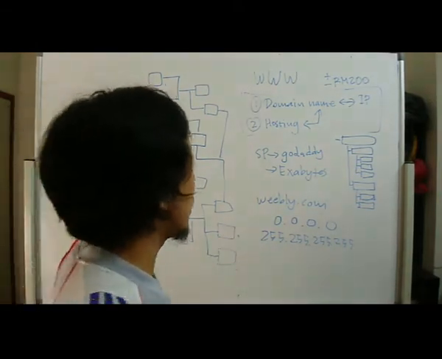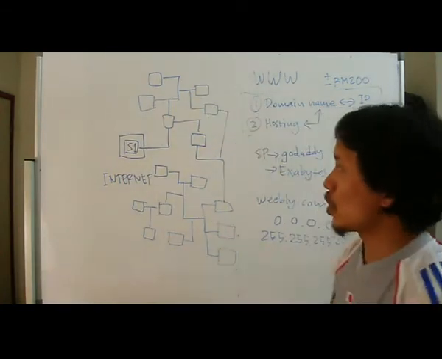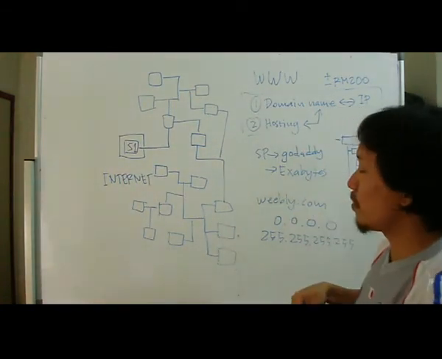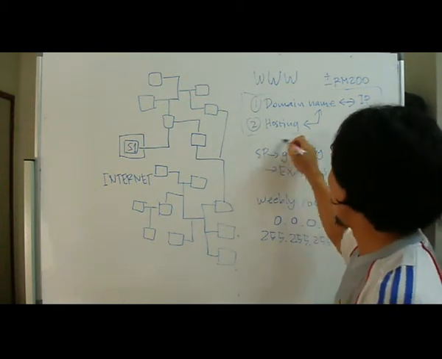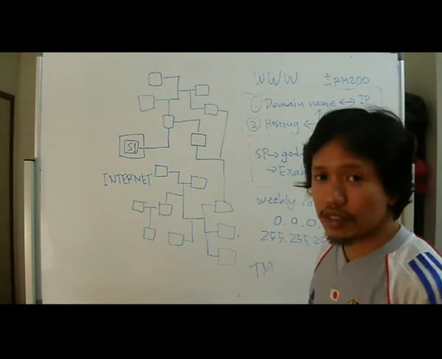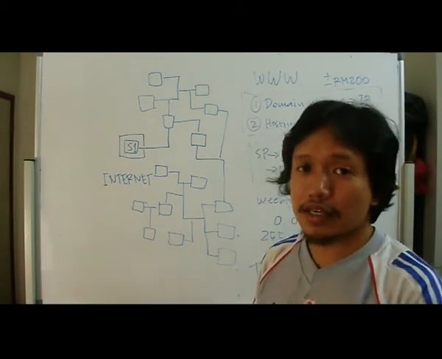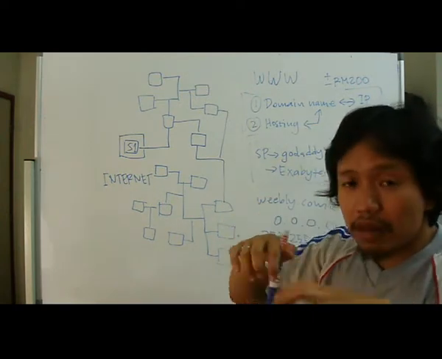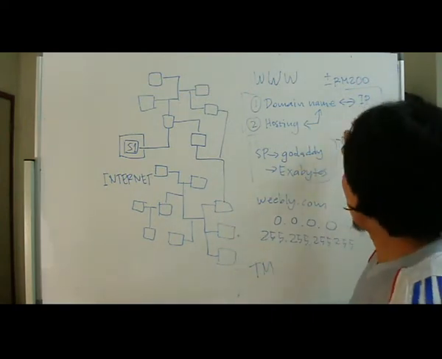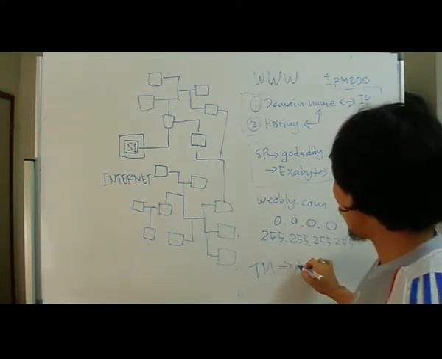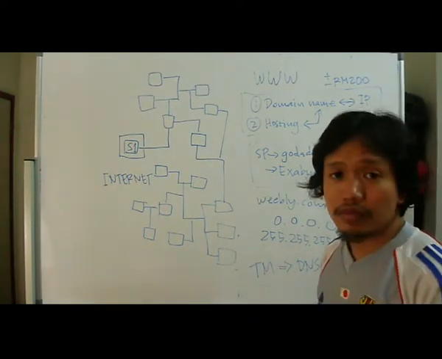So what happens is that to be able to access resources online, your service provider, not these hosting service providers, a different kind of service provider, for example, the one that provides access to the internet, will have to translate the domain name that you type into an IP address. This is done using a domain name server, right?